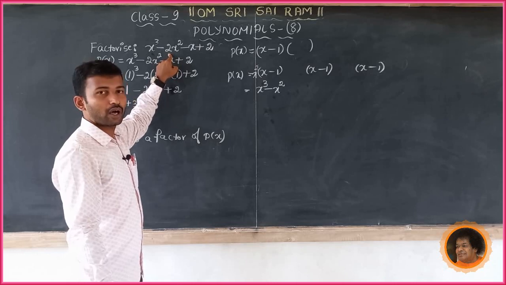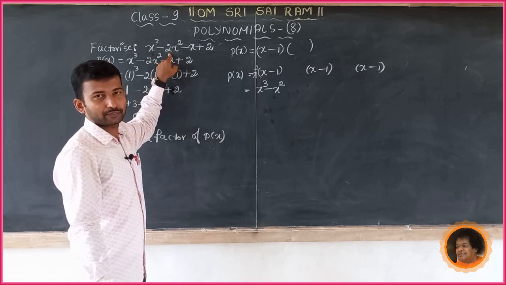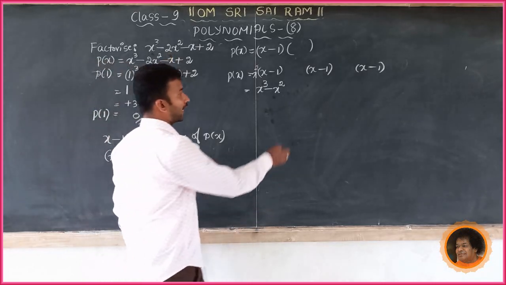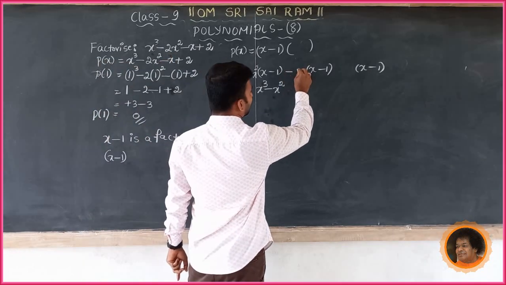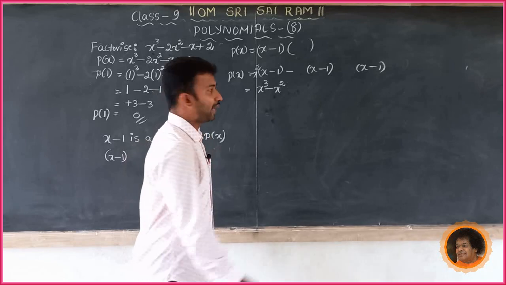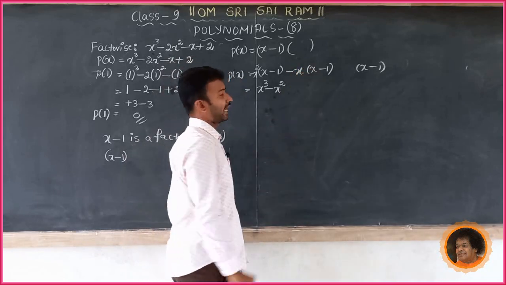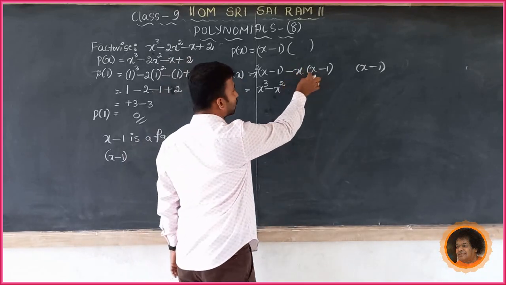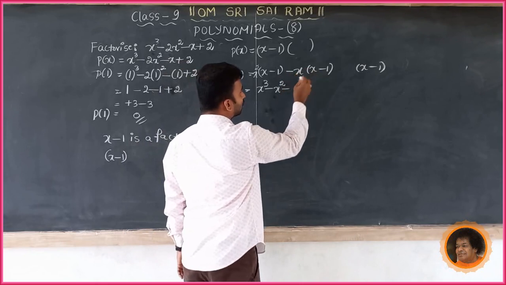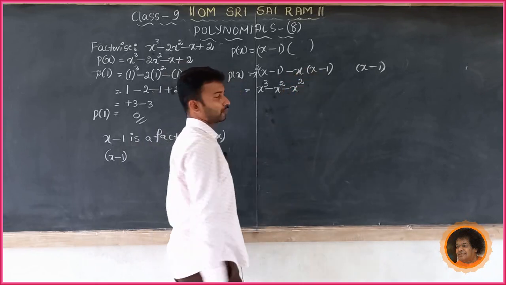So, how to get the factor? Yes, by multiplying minus x. So, minus x into x square.